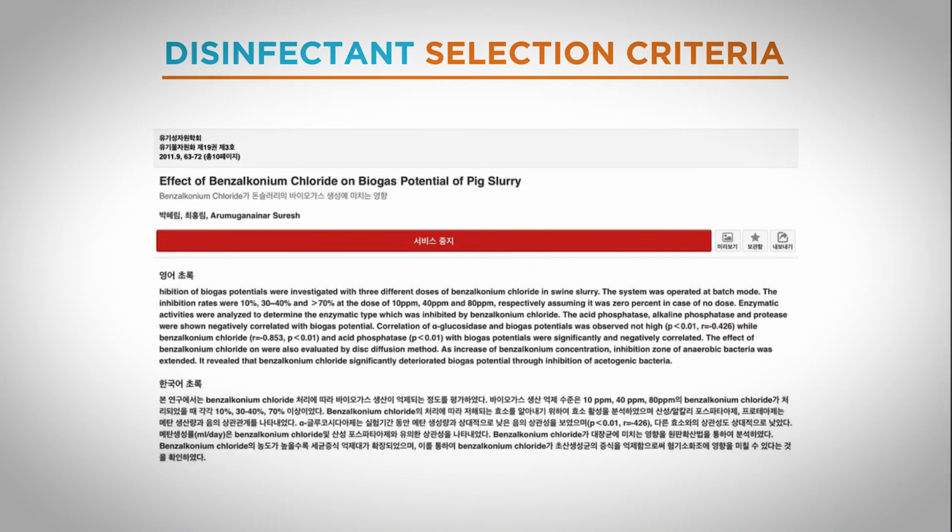So one important aspect of safety to the environment from the disinfectant is the effect of the disinfectant on the microbial flora of a wastewater treatment lagoon. There's an interesting study from Korea where they looked at an anaerobic lagoon producing biogas. And they subjected the bacteria in the lagoon to very small concentrations of quaternary ammonium compound in the order of 40 to 80 ppm.